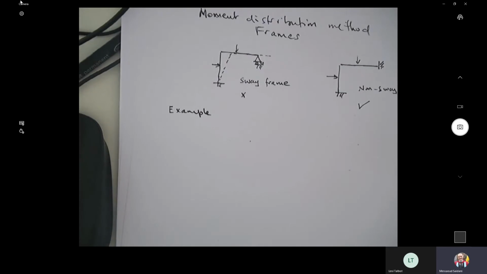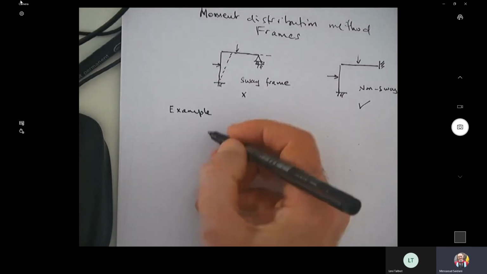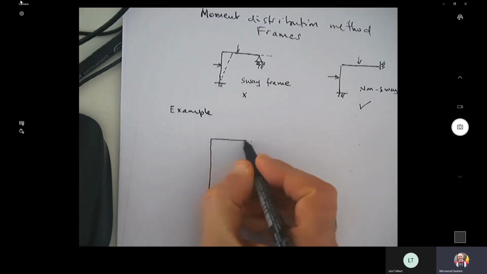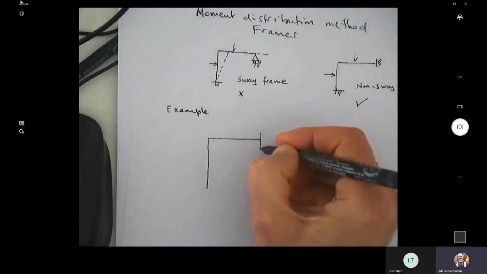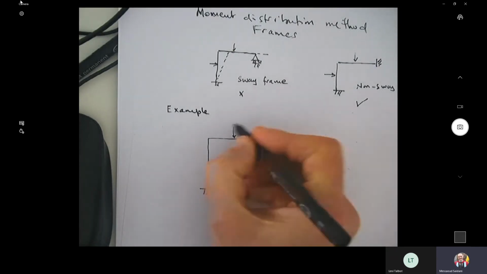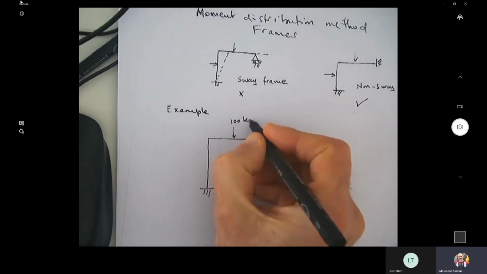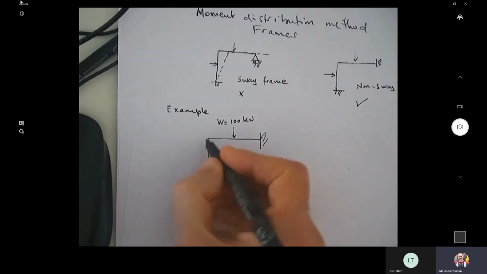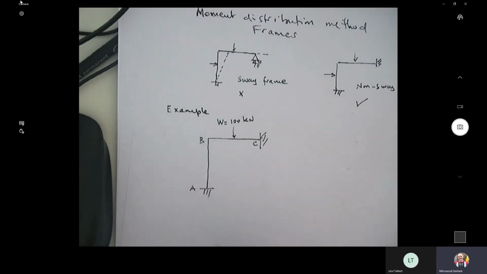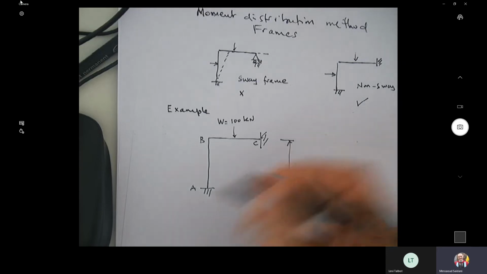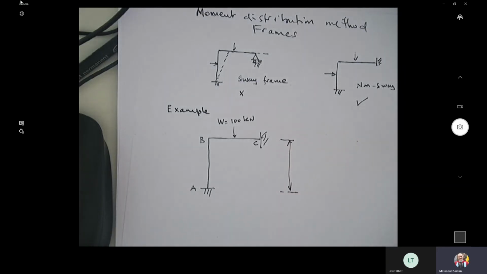So we take an example, and I've chosen this example here. We have a frame ABC.